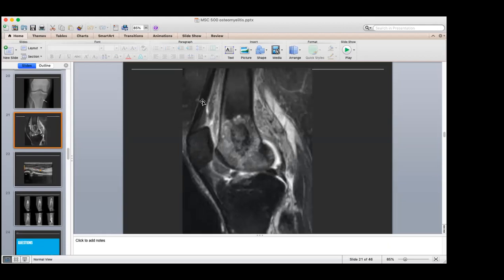And the other good thing about MRI is assessment of ligaments. This is not for osteomyelitis now, but just generally as MRI in MSK imaging. You can see this ligament very nicely, the suprapatellar and the infrapatellar ligament. And behind here, we can see part of the posterior cruciate ligament. So it's very good in assessment of ligaments, especially in sportsmen or any other person when they get ligamental injuries.